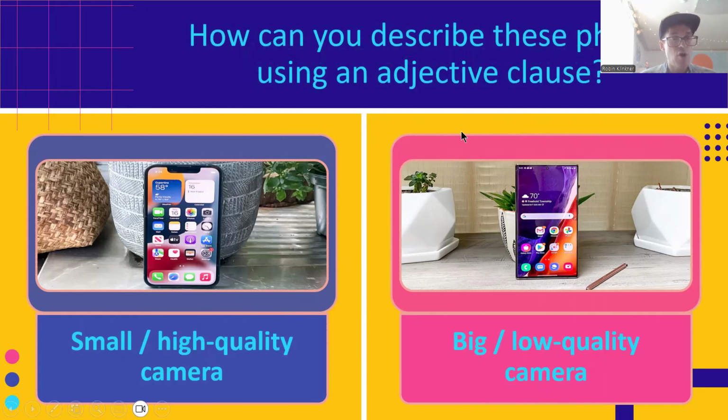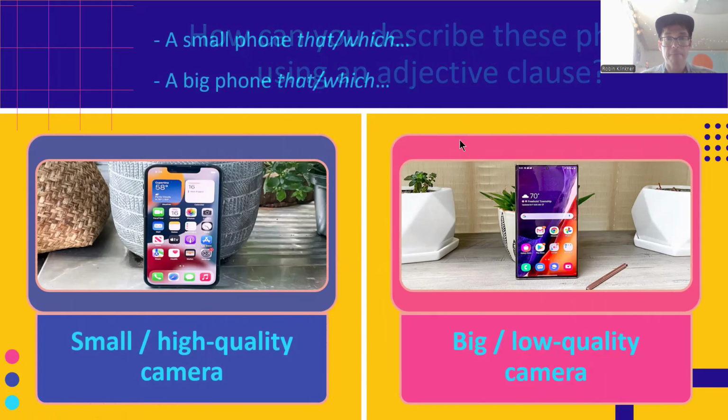So a small phone that has a high quality camera, a big phone that has a low quality camera. That's how you can use an adjective clause to identify or specify the one you're talking about.